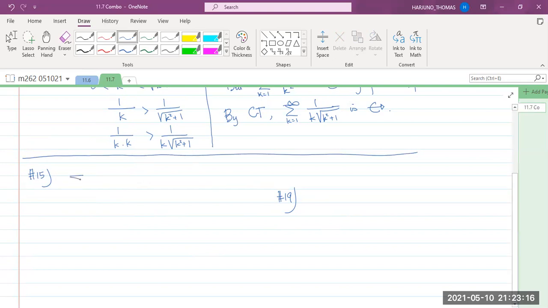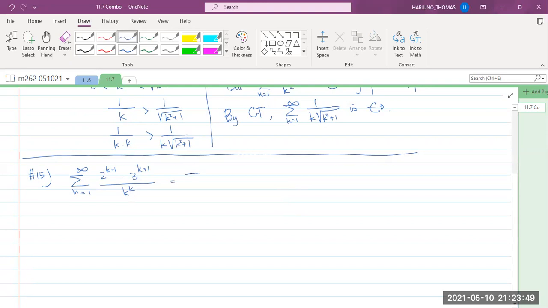Let's see number 15. The series from k equals 1 to infinity of 2 to the k minus 1 times 3 to the k plus 1 over k to the k. Oh, wow. I think I need to rearrange this a lot, though. Let's do that. I need to massage that first.